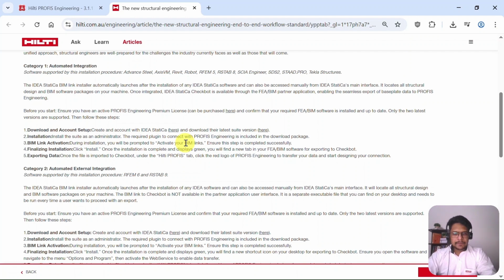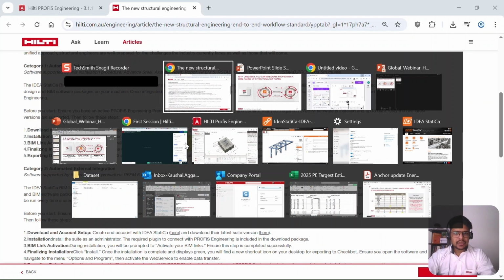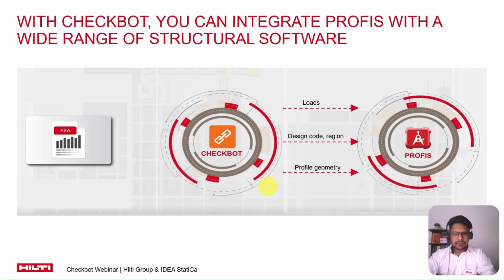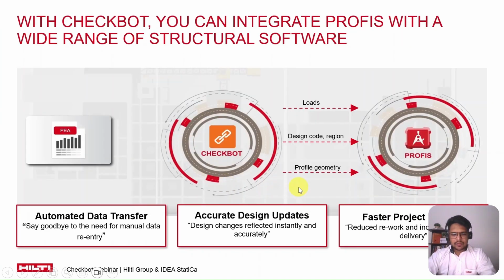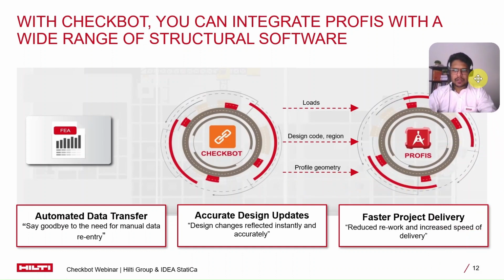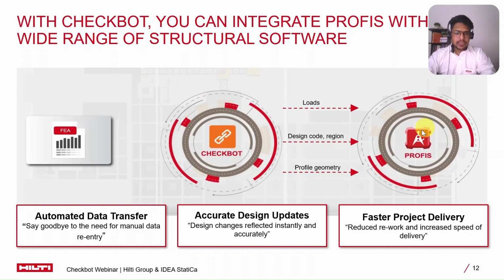And now is the time that I summarize all the discussions that we have had so far in this webinar. So let me go back to my slide deck. Here we go. What we can see is that with the help of Checkbot, we can really automate the data transfer and eliminate the process of re-entering the same data manually. Apart from that, we also saw how we can handle revisions better.